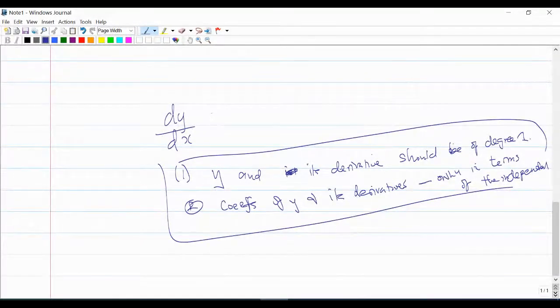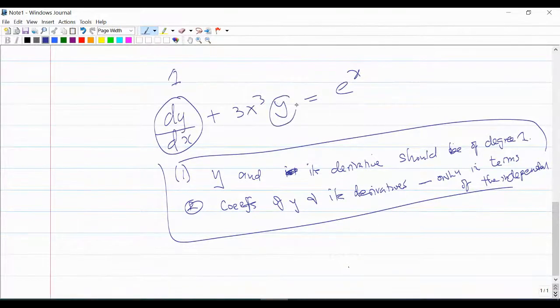So if I have dy/dx plus 3x cubed y equals e to the power x, let's check. The derivative is here. Is it of degree 1? Yes. y is here. Is it of degree 1? Yes. This one is satisfied. The coefficients of y and dy/dx: the coefficient here is 1, and the other is 3x cubed.